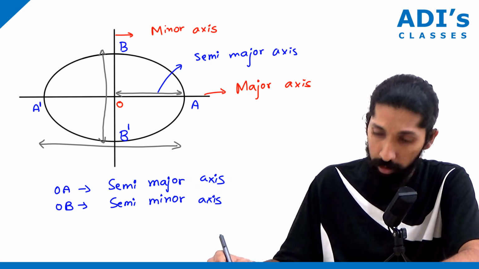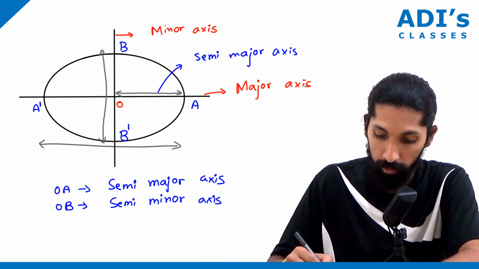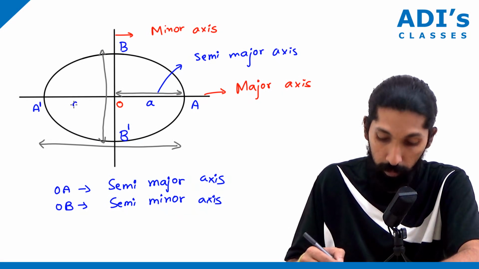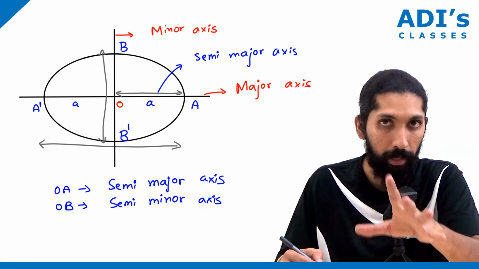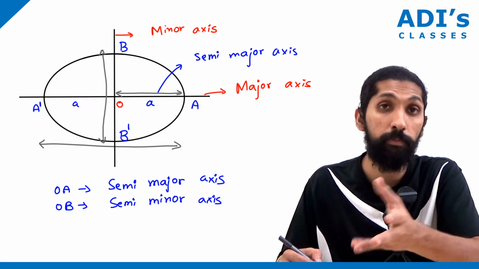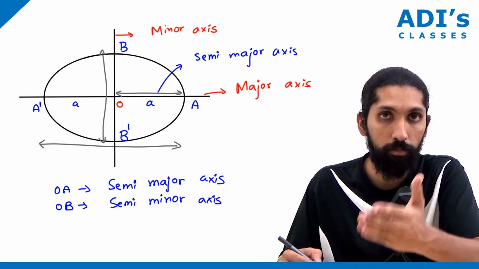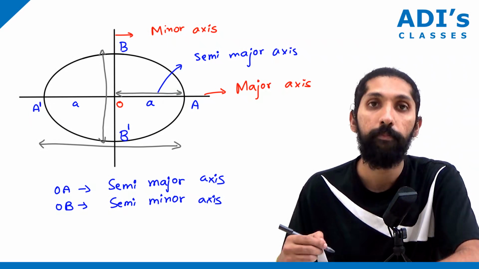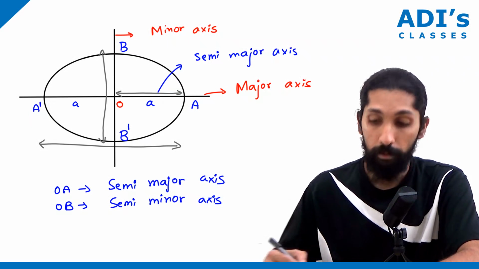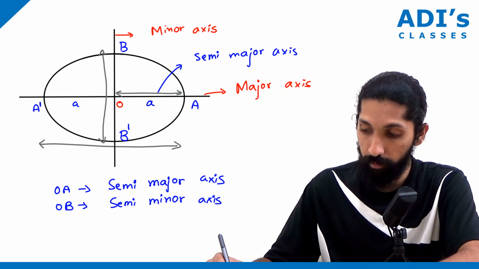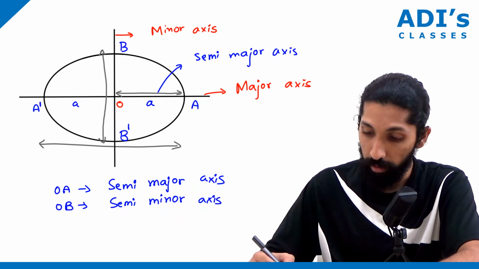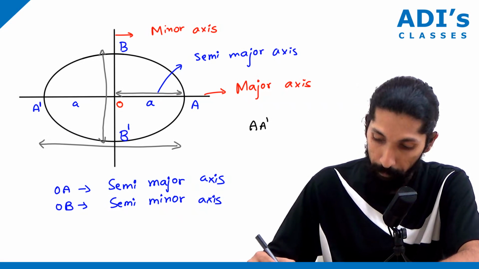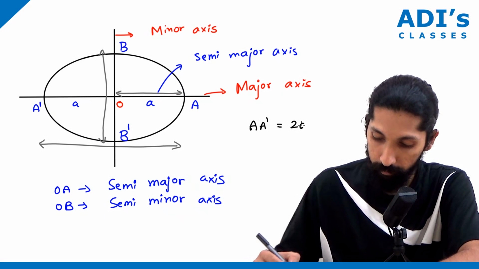So generally, O to A, we'll call this distance a. That means OA dash will also be a in magnitude. Don't think, oh, this is minus a. In the coordinate system, minus is to the left side or below. So A dash, which is the major axis, that distance is 2a.